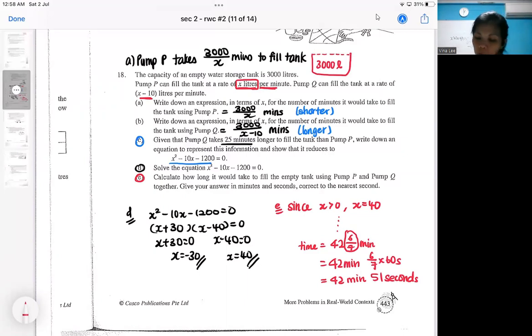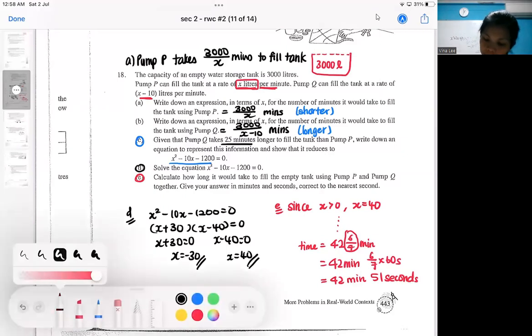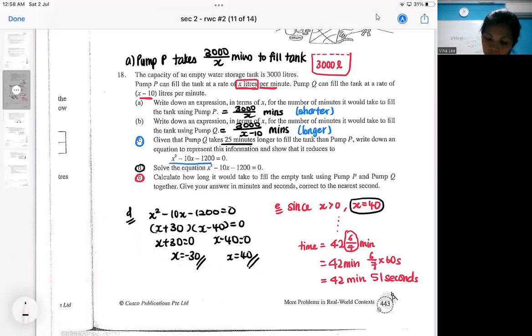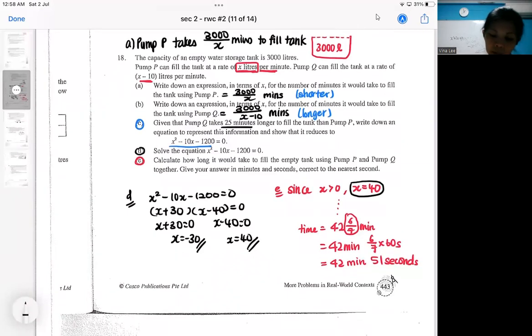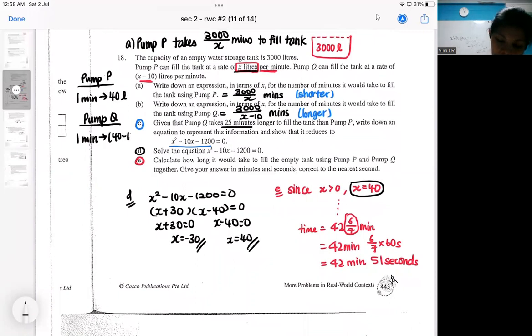In case you didn't know what to do with the 40, once you get the 40, go and reread the information. For P, in 1 minute, it can pump 40 liters. And for Q, in 1 minute, it can pump 40 minus 10 liters, which is 30 liters.